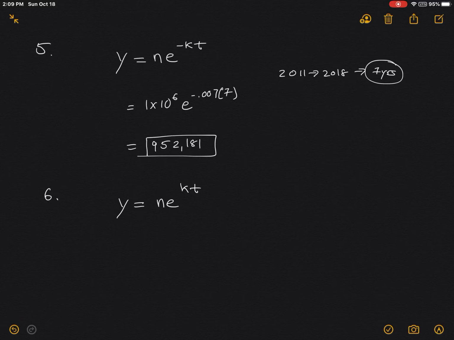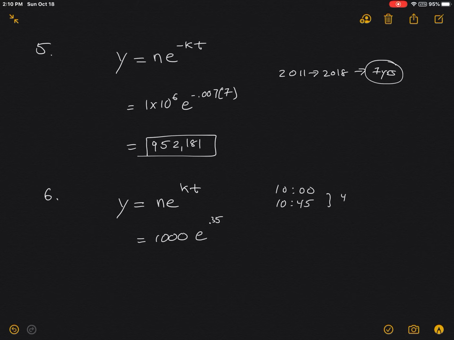The initial amount of bacteria present at 10 o'clock is 1,000. The rate at which it's growing is 35% per hour, so 0.35 is my rate.